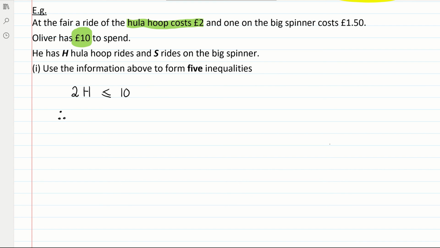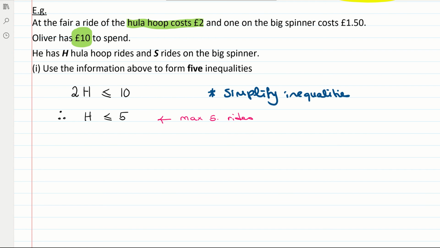Simplify inequalities. So therefore, he can have up to 5 rides. So maximum 5 rides on the hula hoop.